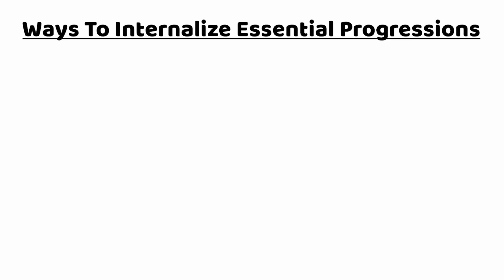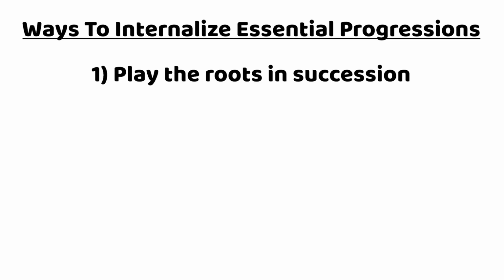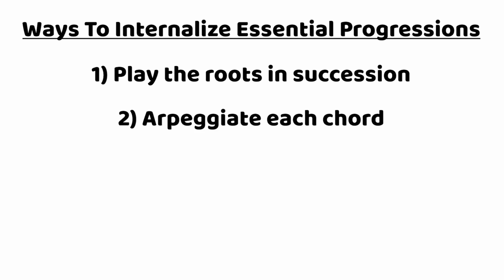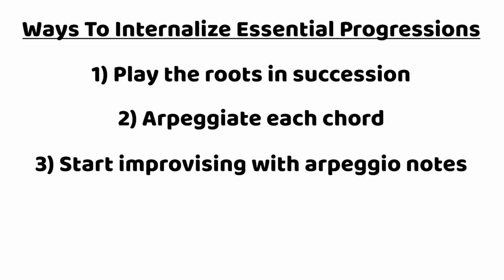So as a quick recap, a few effective ways to help internalize these essential progressions are to first just play the roots in succession. Literally just get the sound of each root note in order. From there, we can then arpeggiate each chord and then start improvising with those arpeggio notes. Those are going to make sure that you do not leave the harmony.